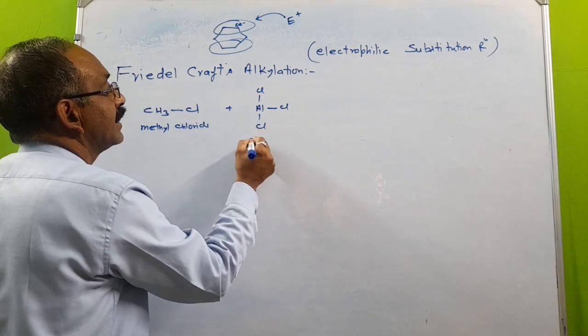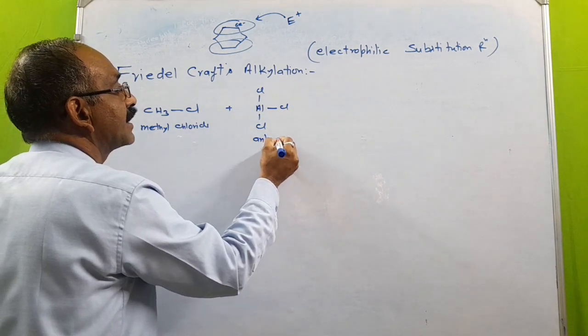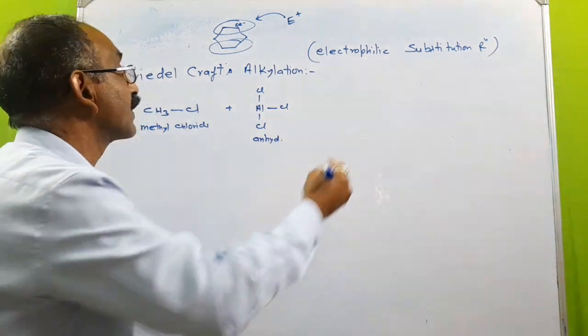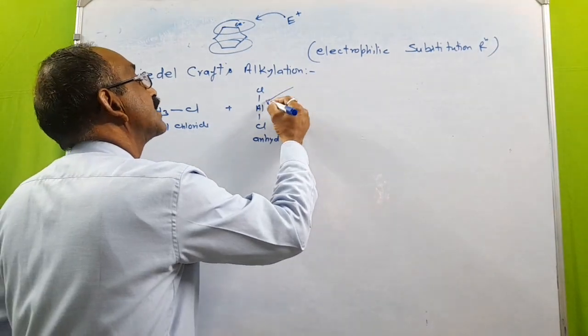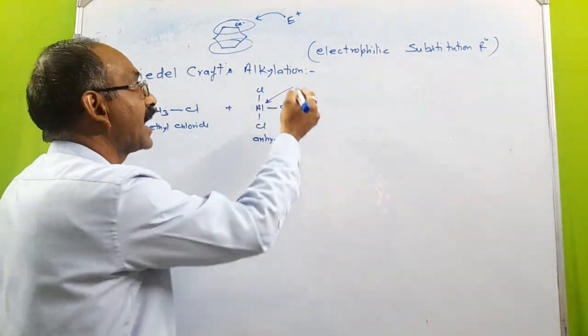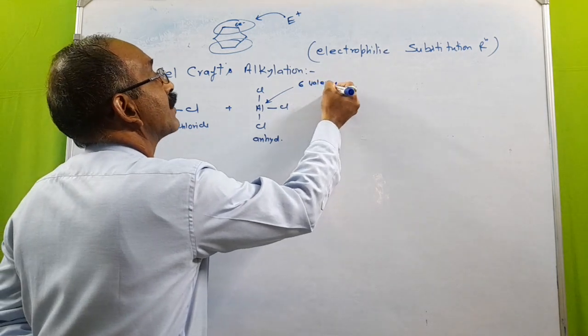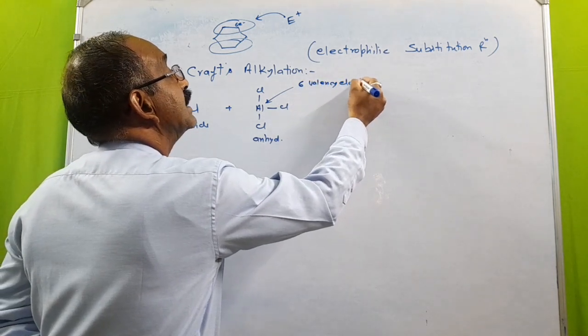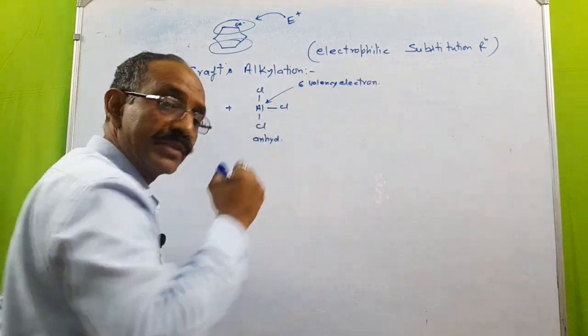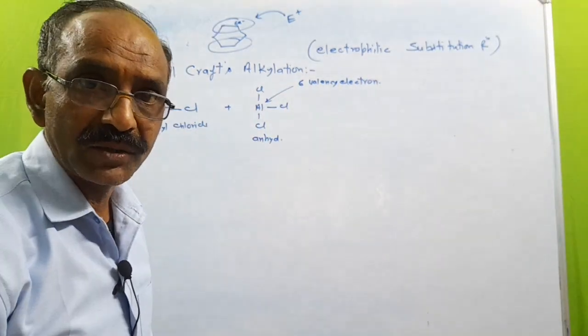The catalyst taken here is anhydrous AlCl3. In this anhydrous AlCl3, the central Al atom has 6 valence electrons, means this one is electron deficient. There's a deficiency of 2 electrons.